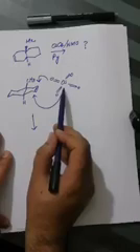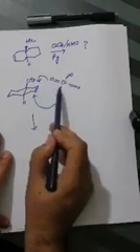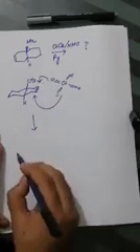If osmium tetroxide approaches from the upper face of the double bond, then we get a transition state like this.